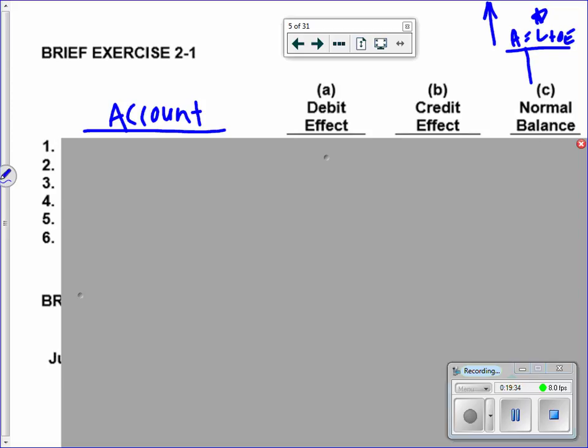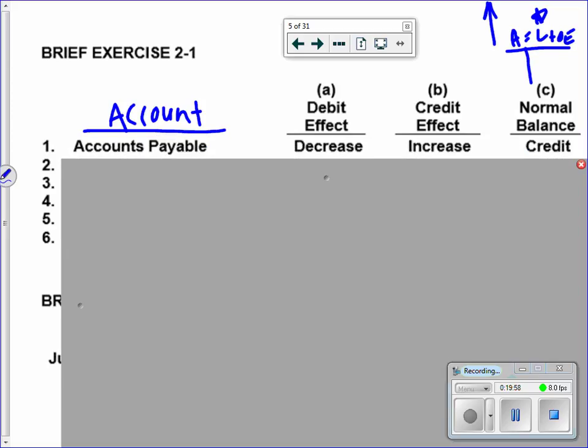Okay. Accounts payable. I'll let you finish. Sorry, you're still labeling. We're going to do these together. Okay.